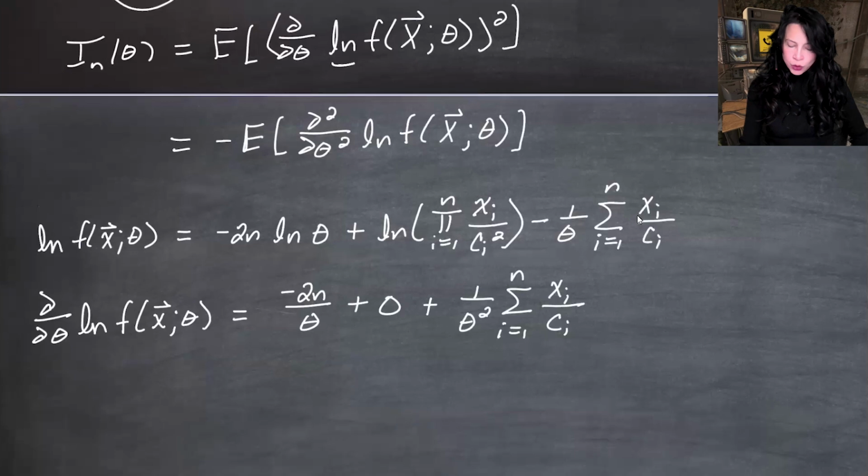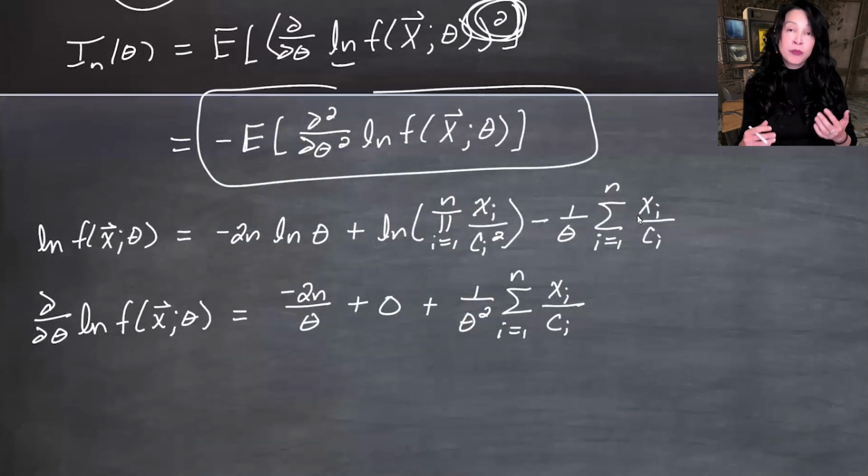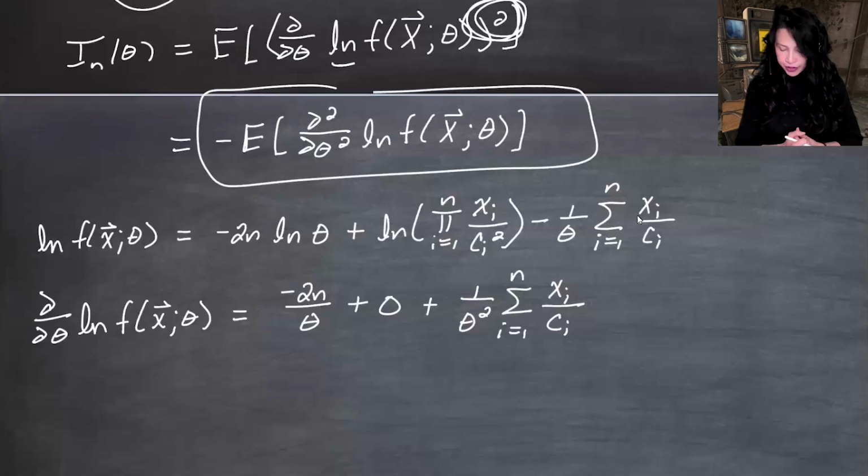Okay, so we are going to square this and take an expectation. And very often we have opted to not square this and take an expectation, but to move to the second derivative, because the second derivative is often a simpler function. It's not really going to be simpler here, but I guess we could do it.